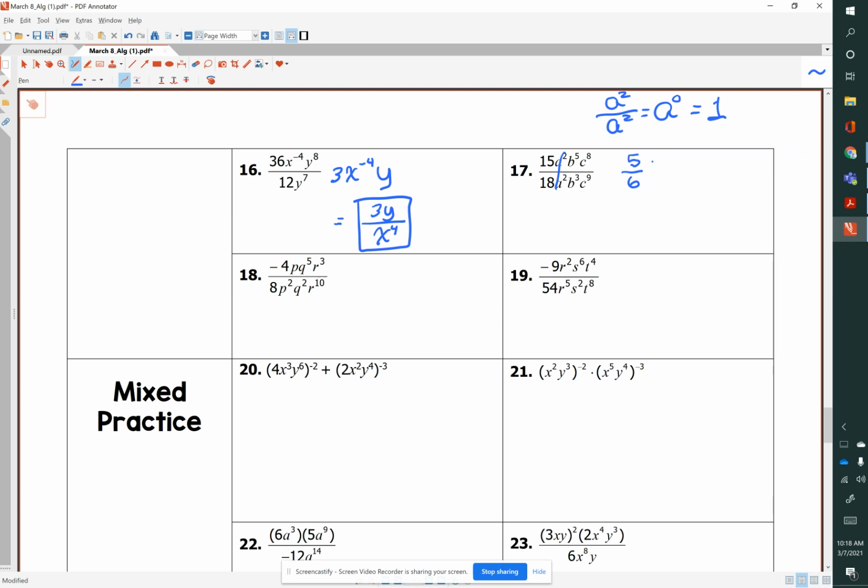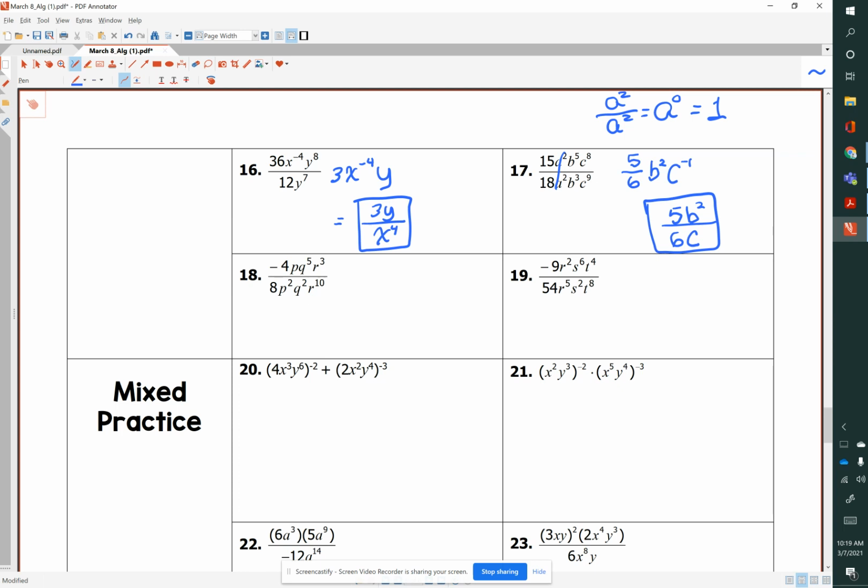So b, 5 minus 3 is b to the 2nd power. C, 8 minus 9 is c to the negative 1st power. So as we simplify this, we will have numerator of 5b to the 2nd power. And in the denominator, we have the 6 to go with our 5/6 and c.